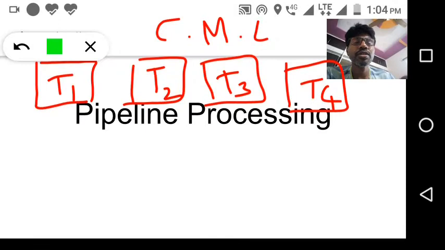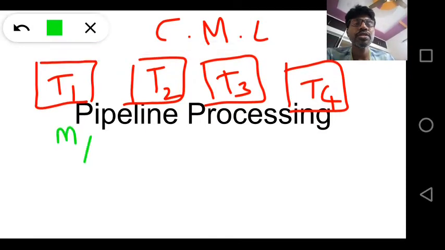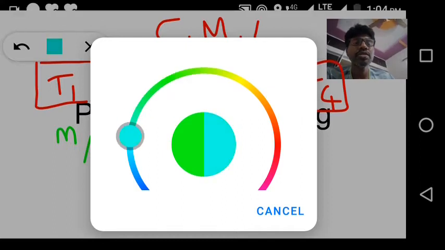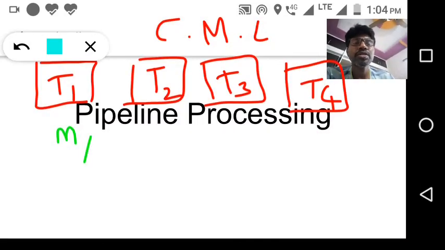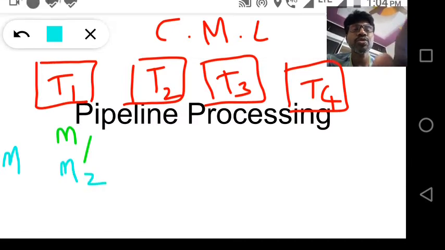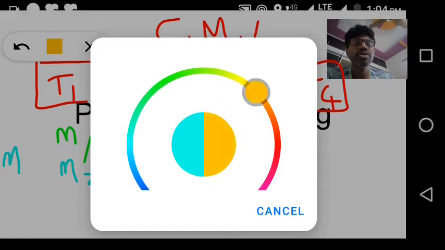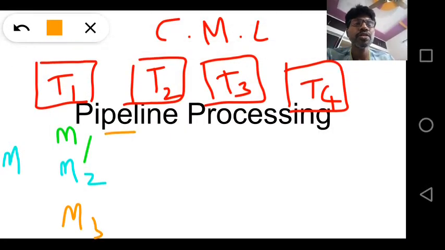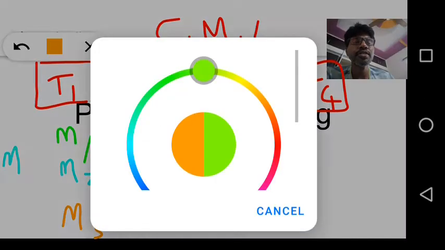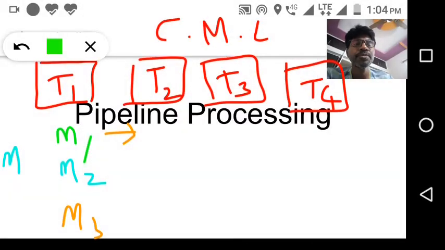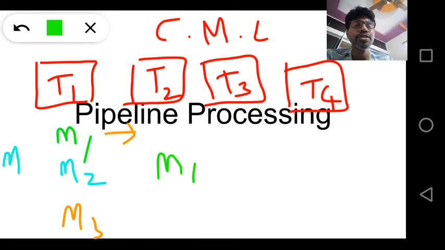Let's assume this is M1, and this is M2 and this is M3. So when M1 moves here, M2 comes here.